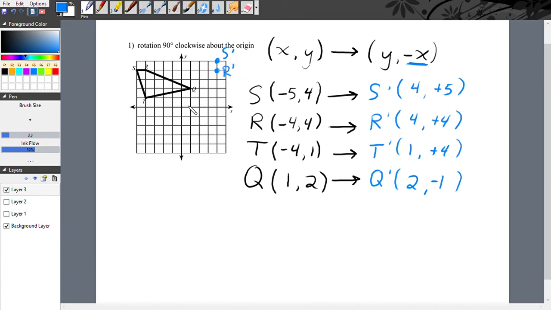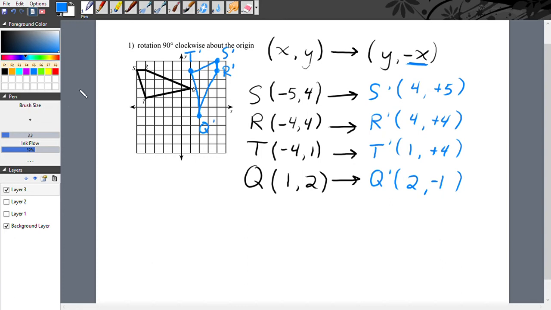T prime goes at 1, 4, which means T prime will be there. And Q prime is at 2, -1, which is down here. And then I connect my points together.